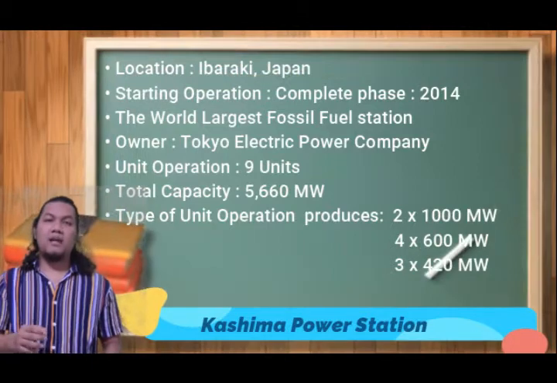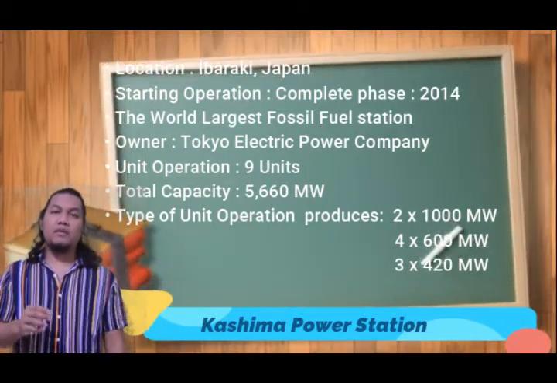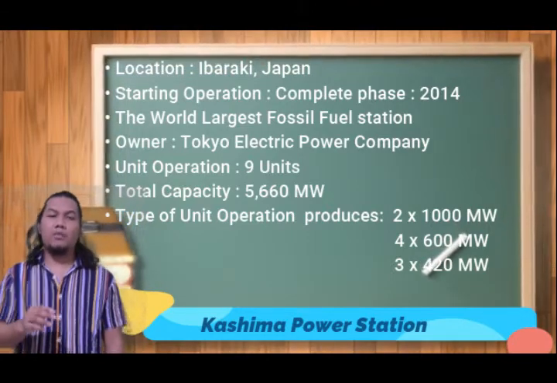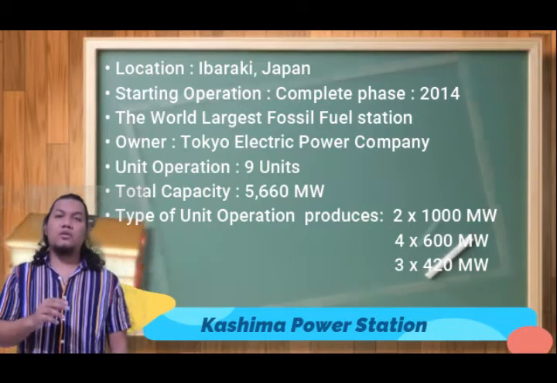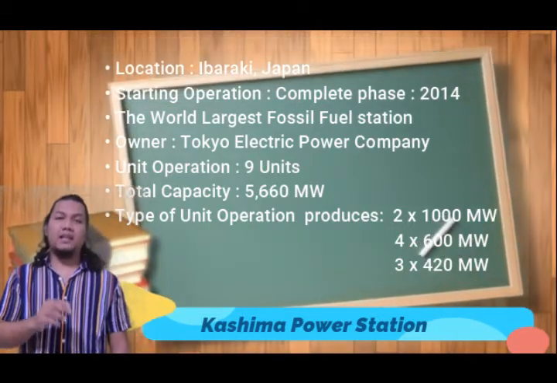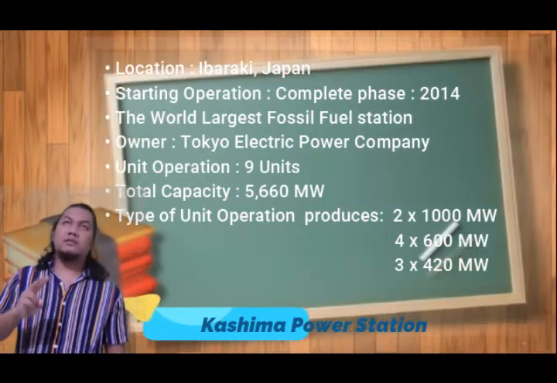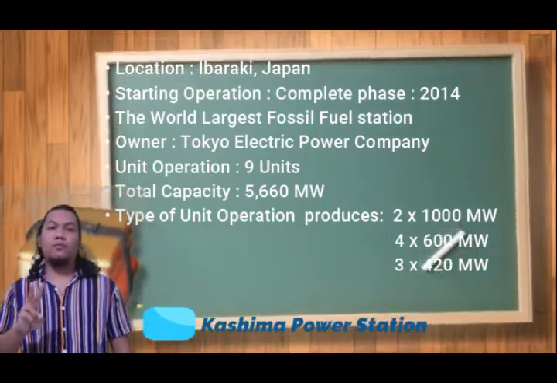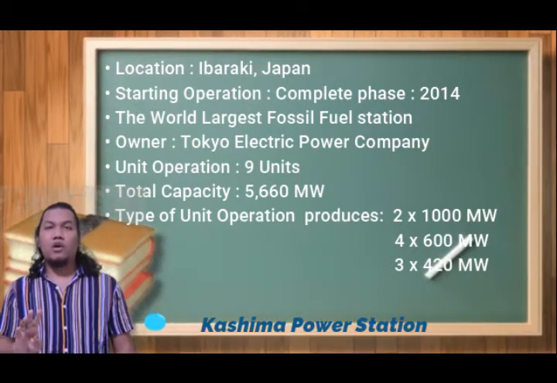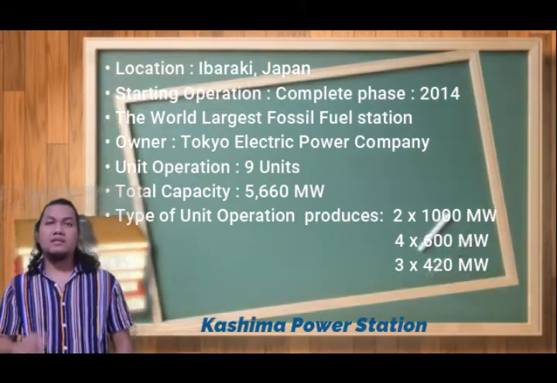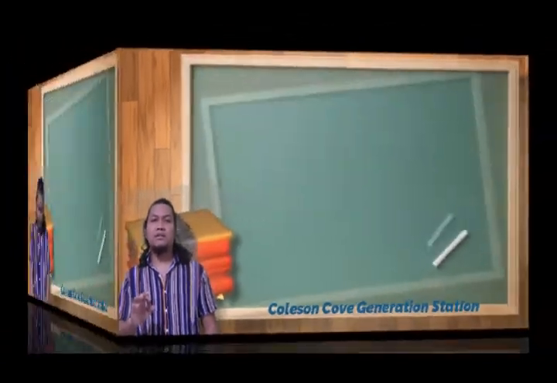The total capacity of this power plant is 5,660 megawatts. The units are divided into 3 groups: 2 units of 1,000 megawatts, 4 units of 600 megawatts, and 3 units of 420 megawatts.